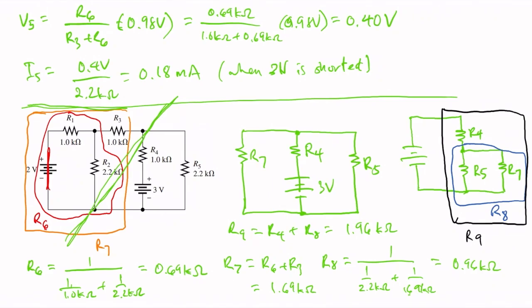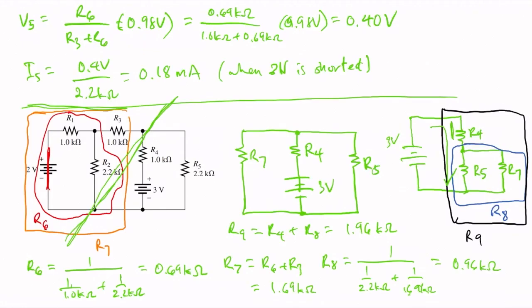Okay, so now that we have that, we can solve for the current going through R4 and R8. So the current going through R4 and R8 is 3 volts divided by R4 plus R8. Let's call that I4.